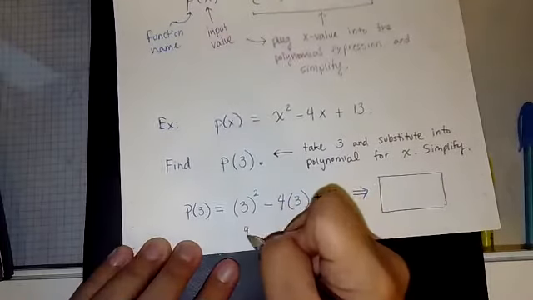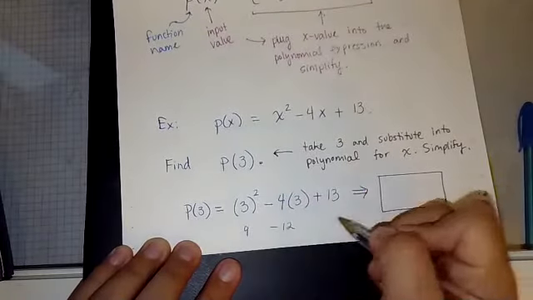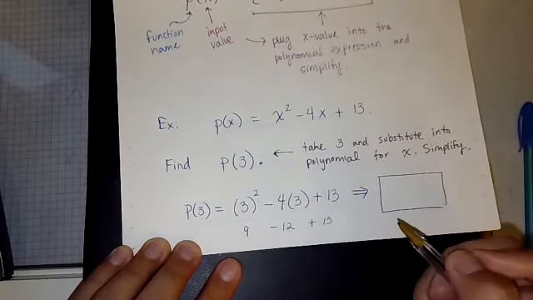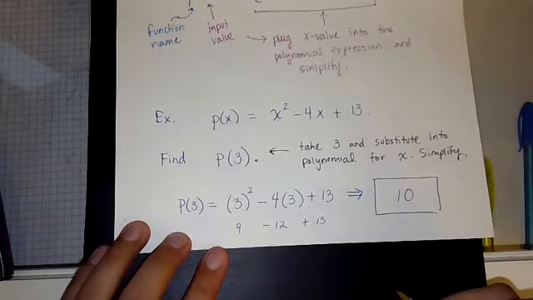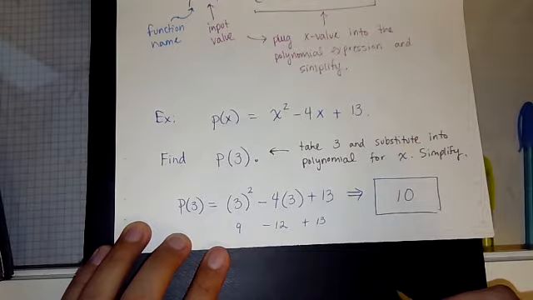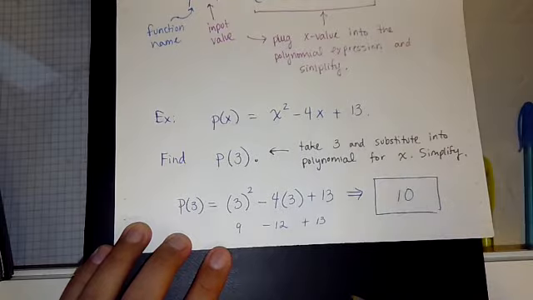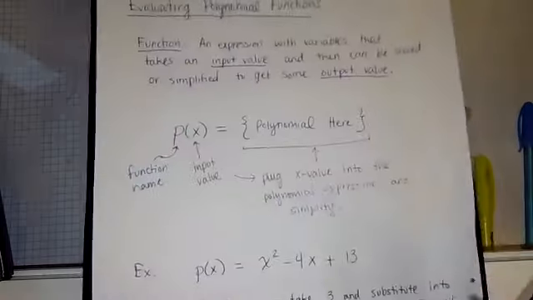This would be 9 minus 12 plus 13. So you should get 10 when you solve that. Okay, so let's look at some more of these polynomial functions, just to see what we're going to be expected to do in the homework.